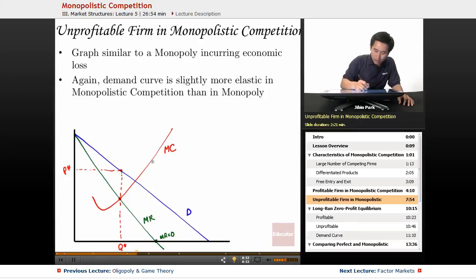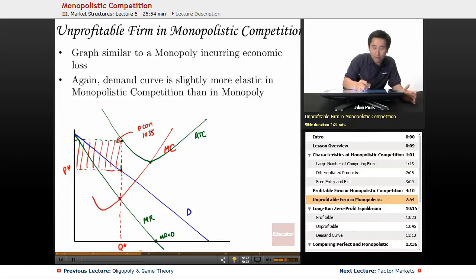So the way I would draw the ATC here is to the right of the demand curve, and I would draw a happy face, the ATC right here. And above the demand curve, but below the ATC, is going to be the economic loss. And you're going to be in the red here. So this would be referred to as the econ loss, or economic loss.